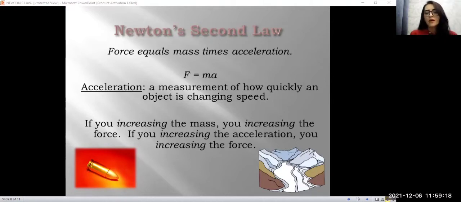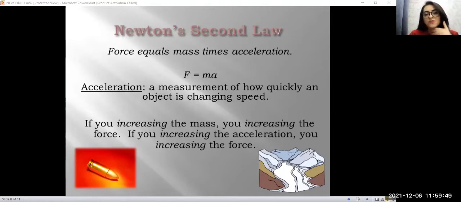So we look at the formula, force equals mass times acceleration. What does it mean? Force is directly proportional to mass and acceleration. Imagine a ball of a certain mass moving at a certain acceleration. This ball has a certain force.